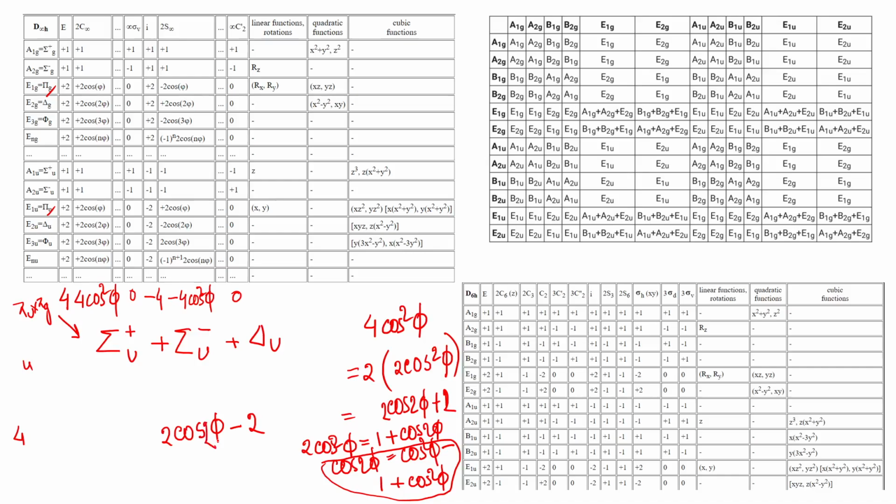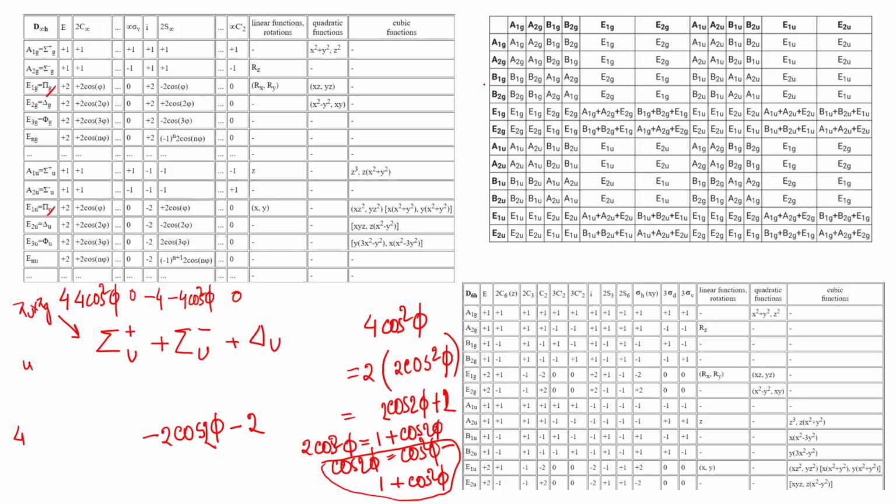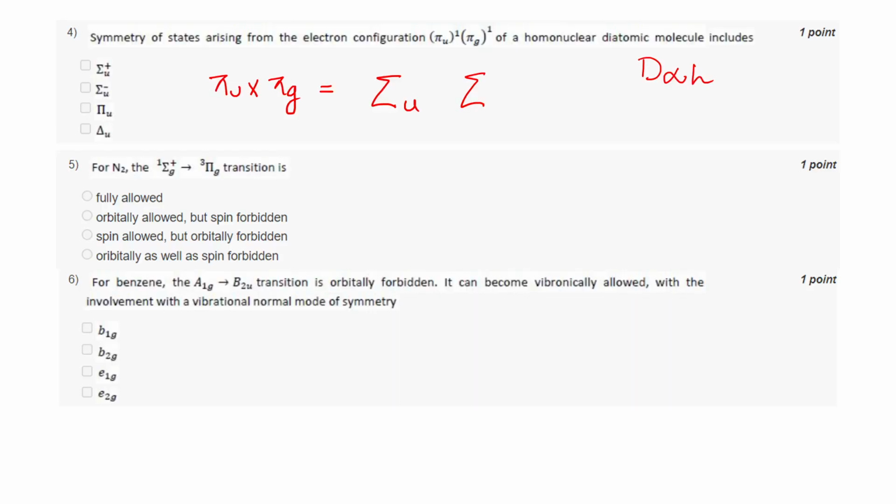So it has to be 2 cos 2 phi minus 2. So this is minus 4 cos square phi. So that is also matching. And 1 minus 1 is 0, that is also 0. So that is also matching. So my pi u into pi g leads to sigma u plus, sigma u minus and delta u.